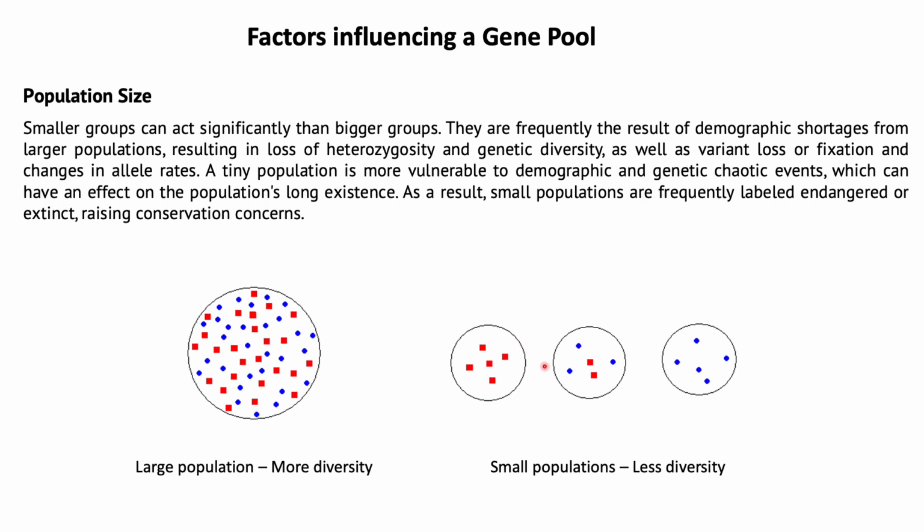A tiny population is more vulnerable to demographic and genetic chaotic events, which can have an effect on the population's long existence. As a result, smaller populations are frequently labeled endangered or extinct, raising conservation concerns. So, the larger the population, the more the genetic diversity, and hence the more the stability of the gene pool.